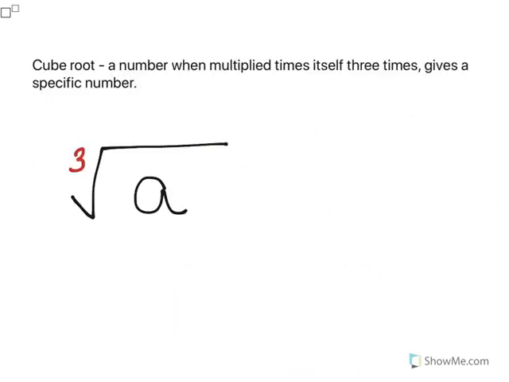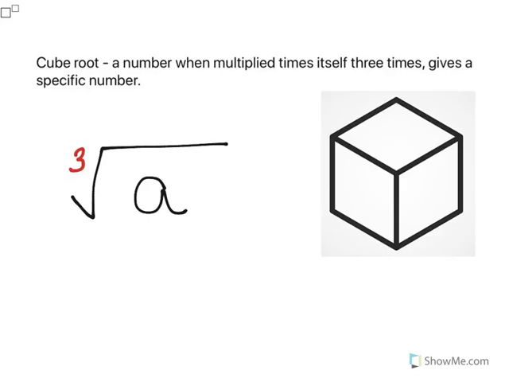So let's look at the next thing, cube roots. So we looked at square roots, then there's cube roots. And how would cube roots relate to a cube? Well, if we go back to our shape, we'll remember that a cube is three-dimensional. It has length, it has width, and it has height.